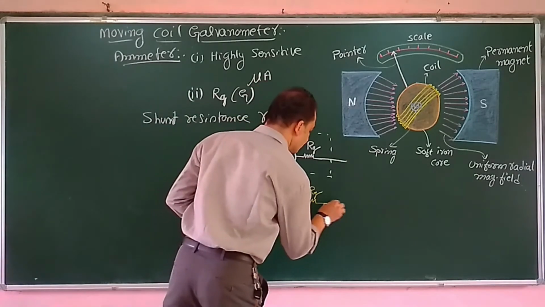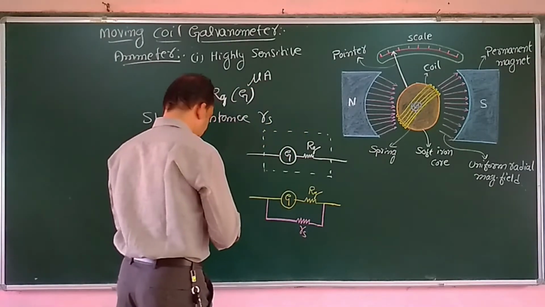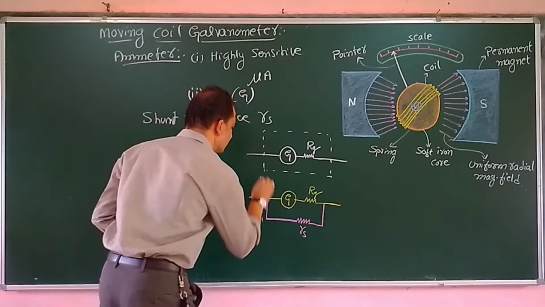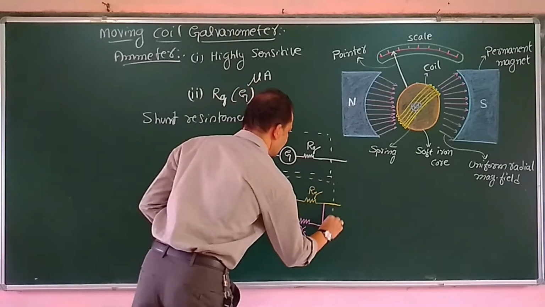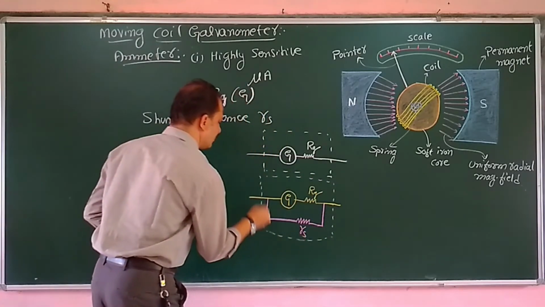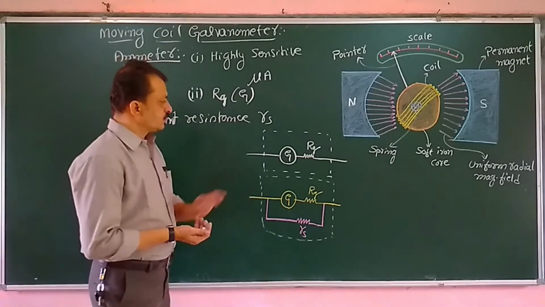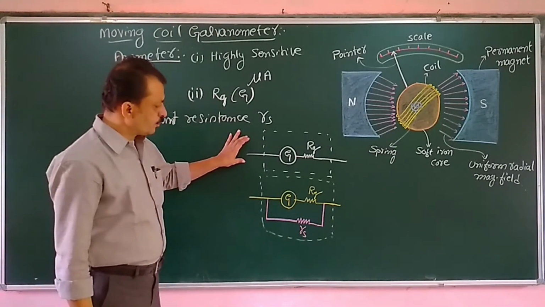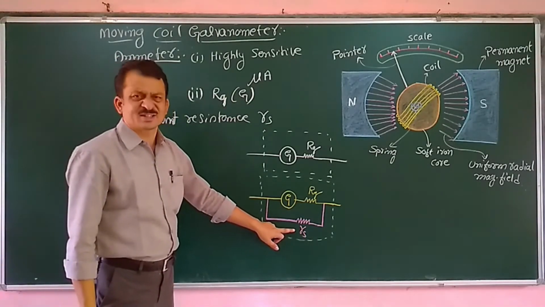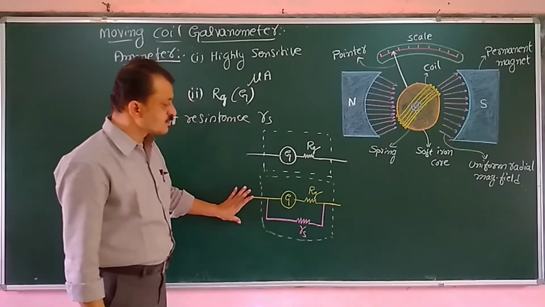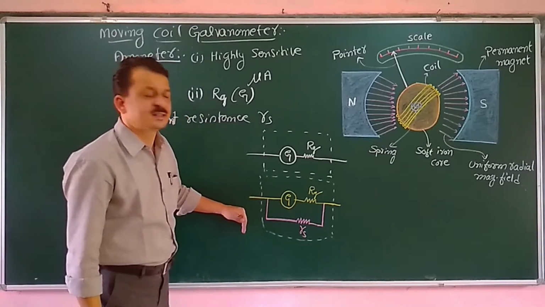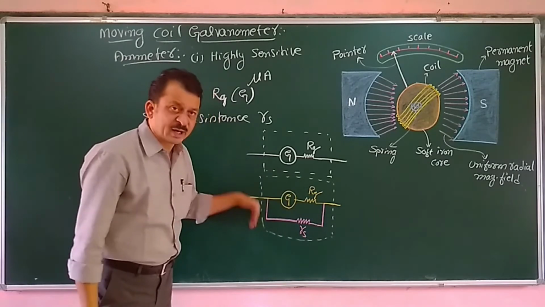Now this system behaves as an ammeter. This is the galvanometer, and we are connecting a small resistance in parallel. Therefore this becomes an ammeter. This is the circuit diagram of the ammeter.